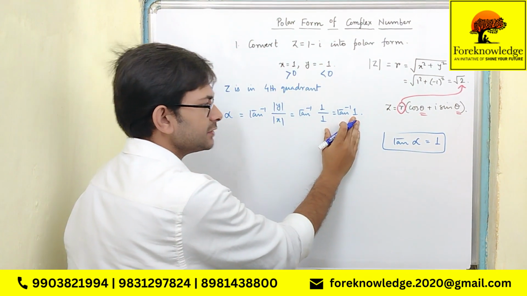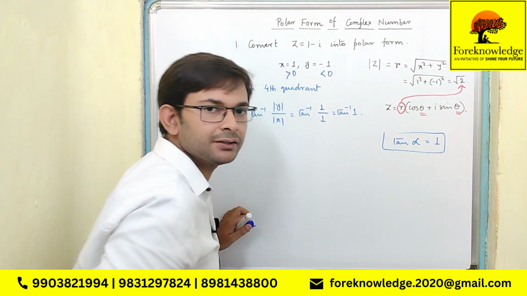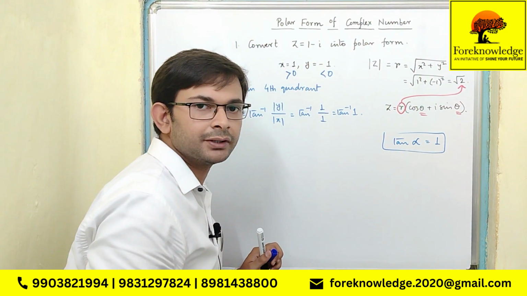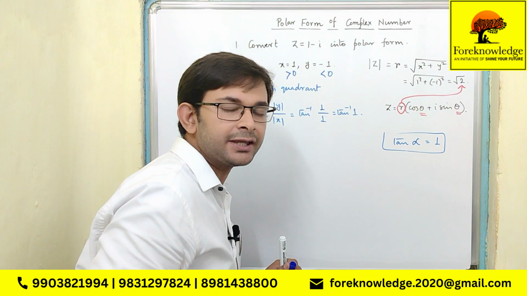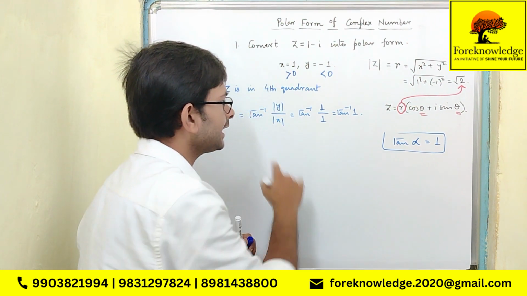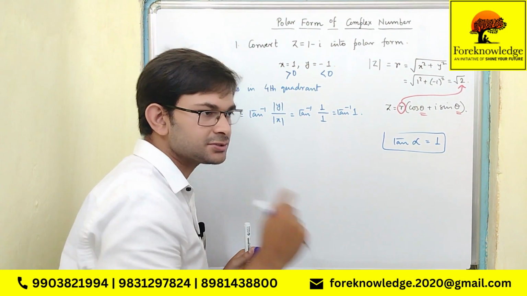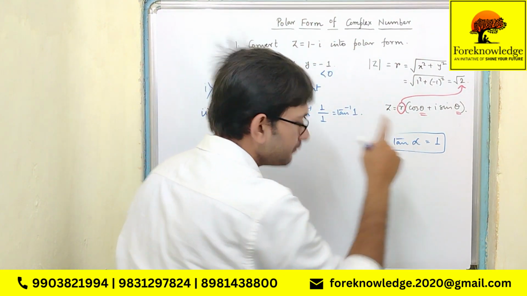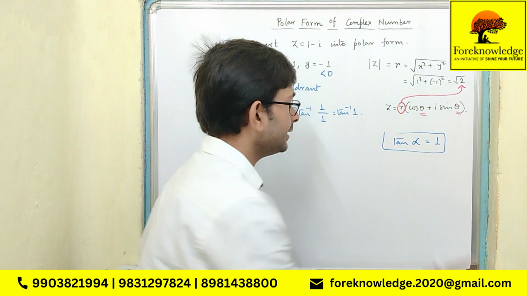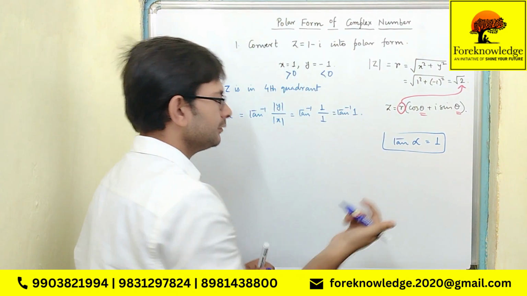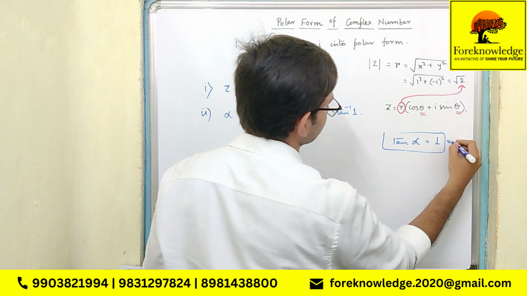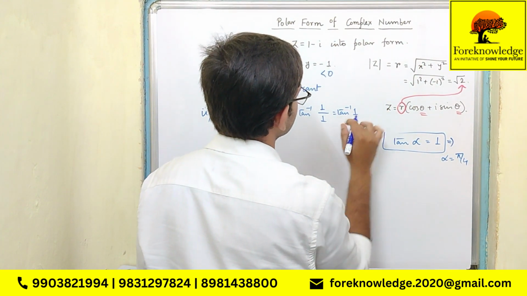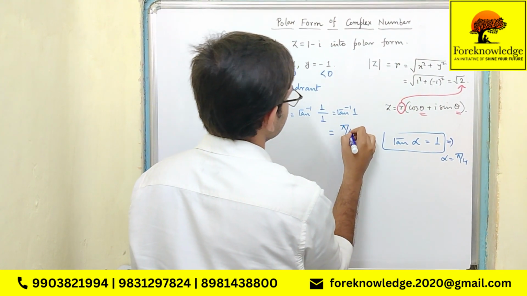Alpha is tan inverse 1 means we can write tan alpha equal to 1. Then for which value of alpha does tan become 1? Alpha is an acute angle because it is in the first quadrant, meaning an angle between 0 to pi by 2. In between 0 to pi by 2, for which angle does tan alpha become 1? Obviously it is 45 degrees. So alpha equal to pi by 4.